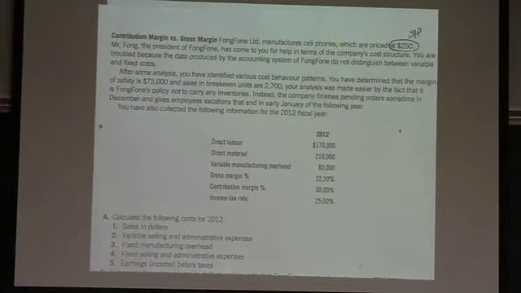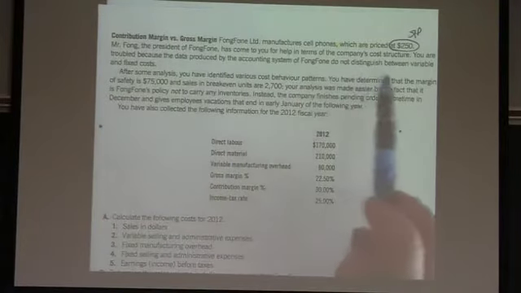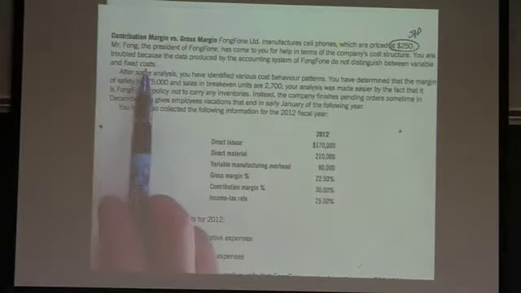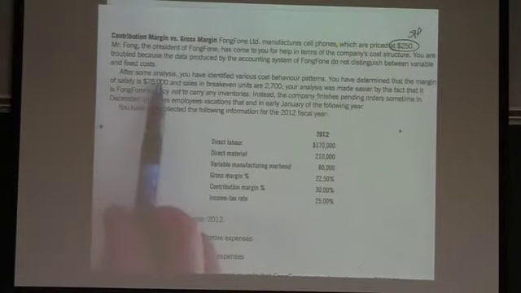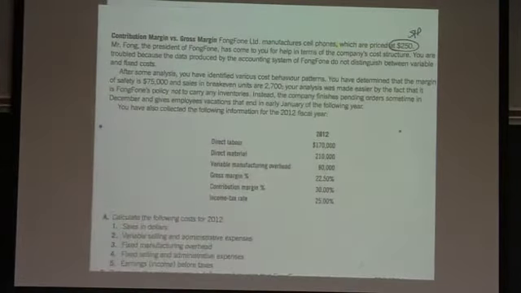Now, the president has come to you for help in terms of the company's cost structure. You are troubled because the data produced by the accounting system do not distinguish between variable and fixed. After some analysis, you have identified various cost behavior patterns.